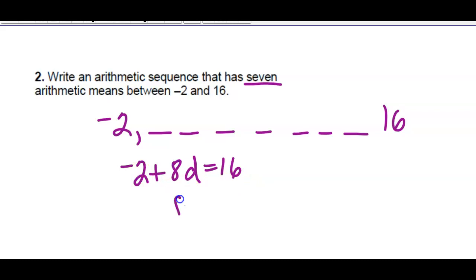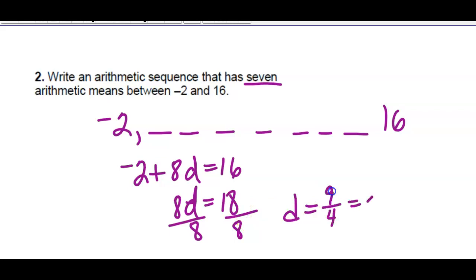If we add 2 over here, we get 18. We divide by 8. Let's see, divide those both by 2, and we get 9/4, which is 2.25 if you want to do decimals. So if we add 9/4 to -2, we'd get 1/4. If we add 9/4 to that, we'd get 10/4.